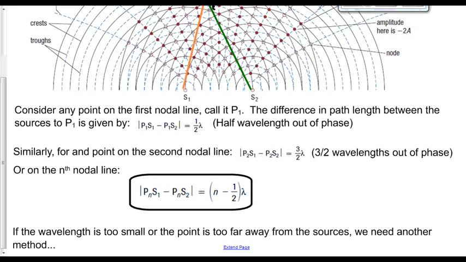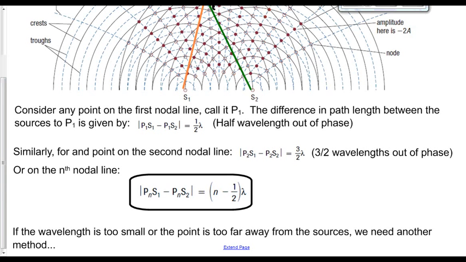So I can figure out the wavelength of my source, or where I would have to be at a certain nodal line. This is fantastic, but the problem is that if I want to deal with very small wavelengths, or points that are very far away, measuring the distance or the differences in these paths can be technically challenging. So we need another way to do it.